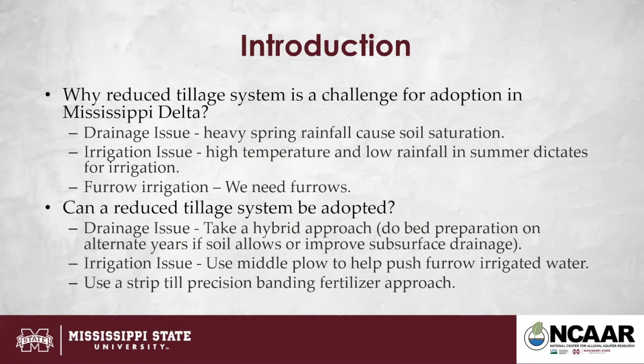First issue is the drainage issue. We have soils that are heavy, and then we have rainfall that is around 54 inches per year. And most of this rain comes during spring before our planting season. And as a result, soil is always saturated and flooded.